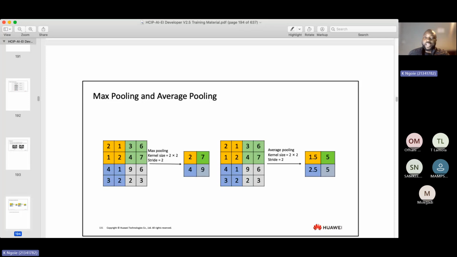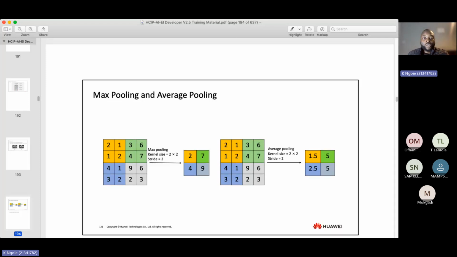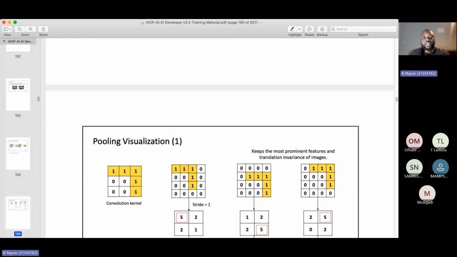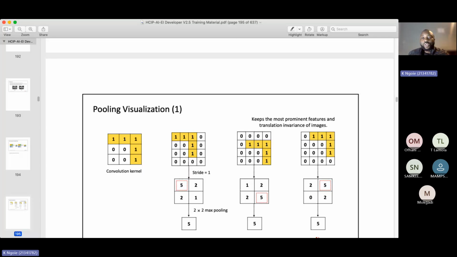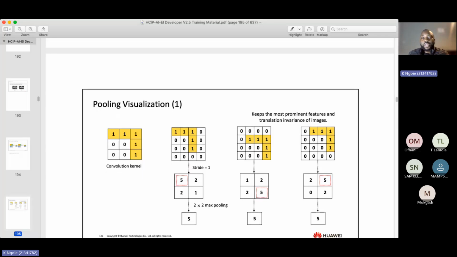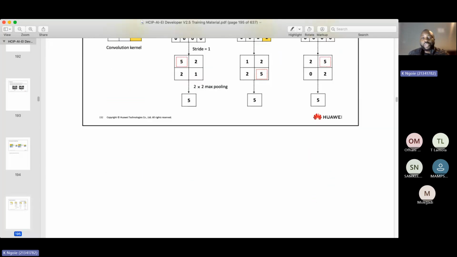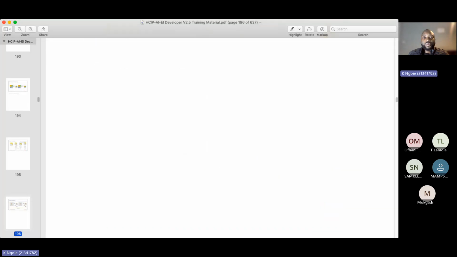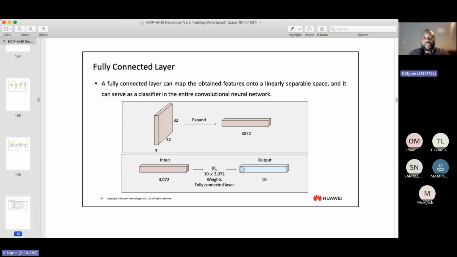So we're calculating the average there. So we can have maximum pooling or average pooling. Those are the 2 pooling methods.